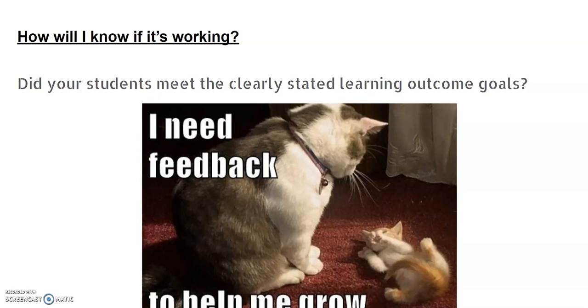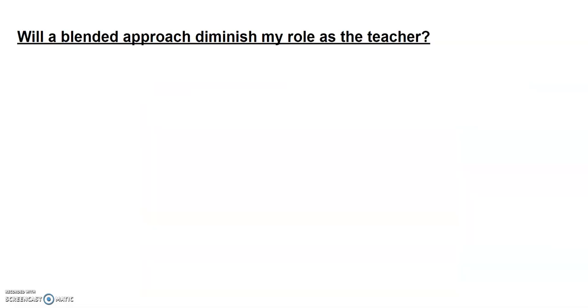Peer-to-peer reflection and feedback, where students can give and get constructive positive feedback from each other. Teacher to student, in-person, FaceTime feedback. And then always remember, it's good for us to get feedback too. So asking the students to give us feedback also on the course and what they need, and are we giving them the support that they need to succeed?